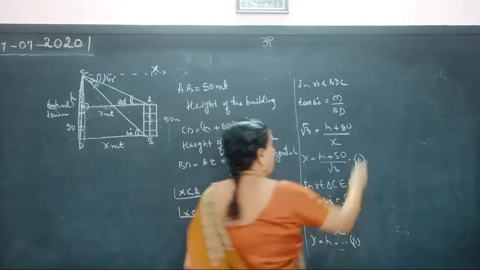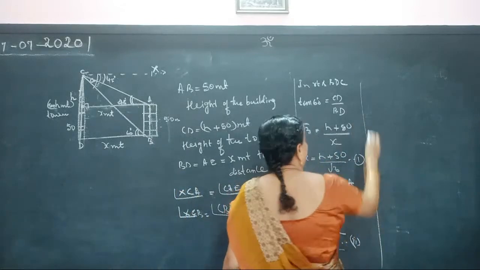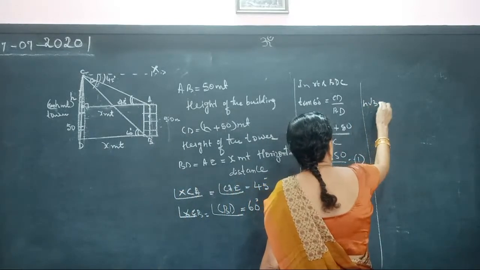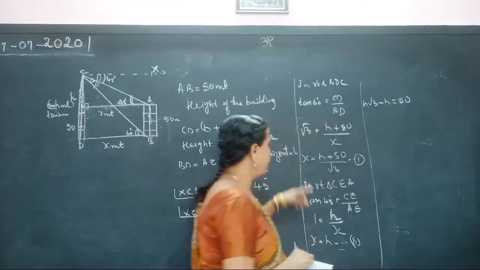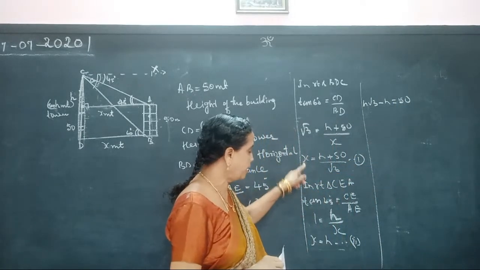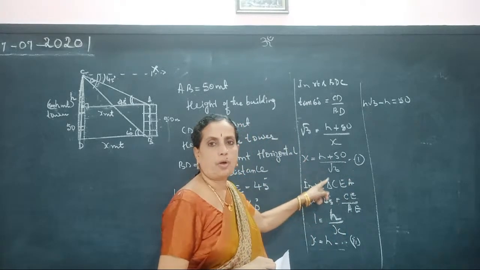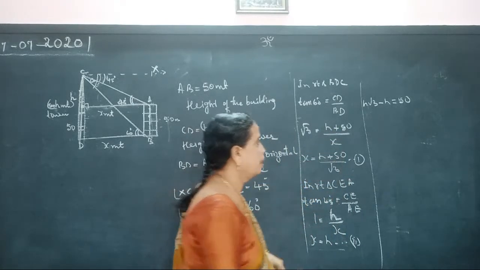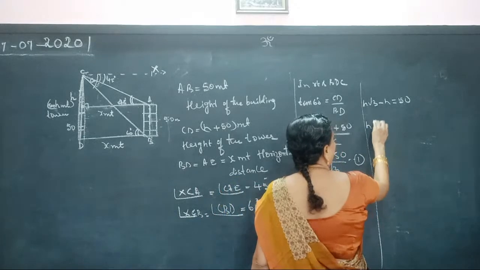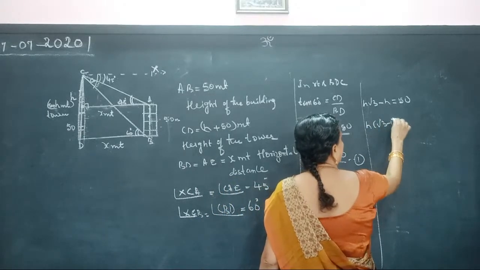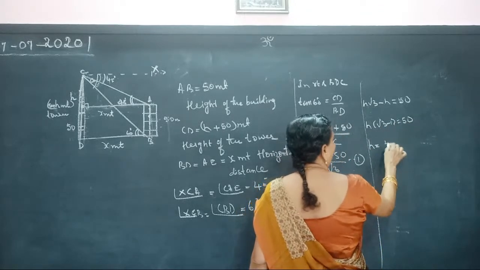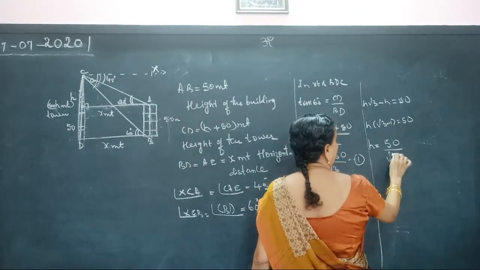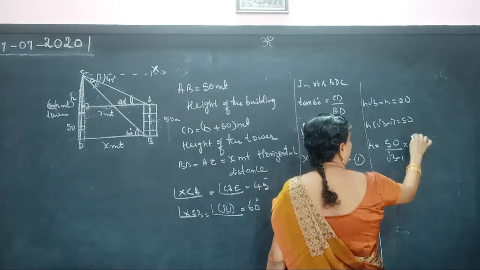What does it become? h root 3 minus h equals 50. That is, cross multiplying, you will get this. Now take out h common, root 3 minus 1. Therefore h equals 50 upon root 3 minus 1.